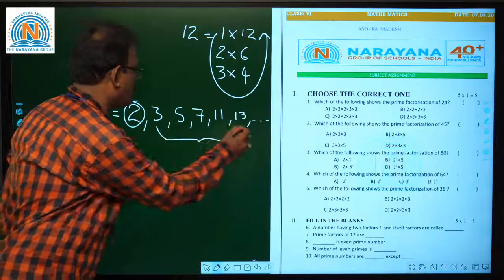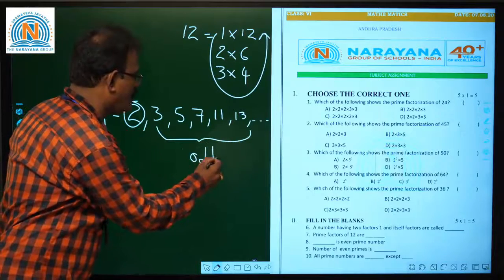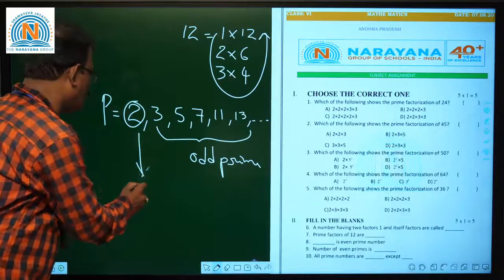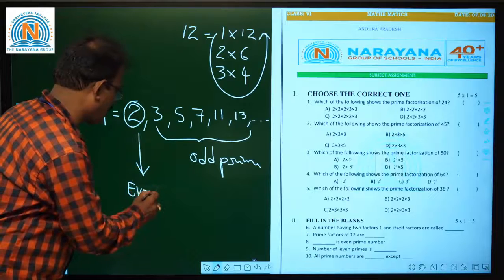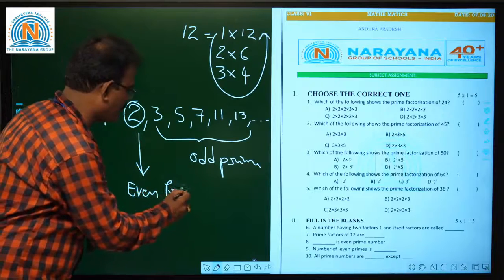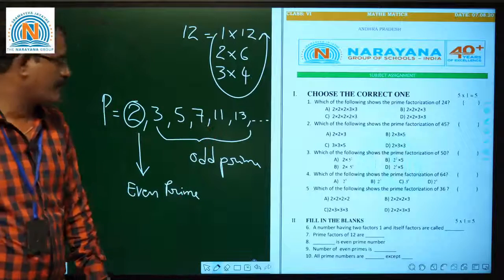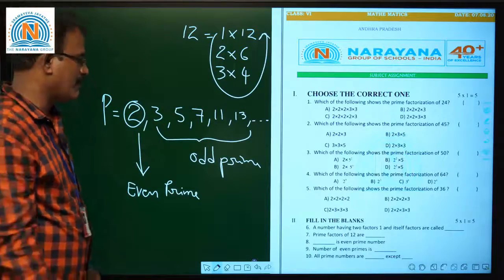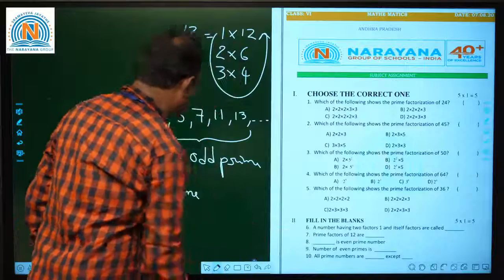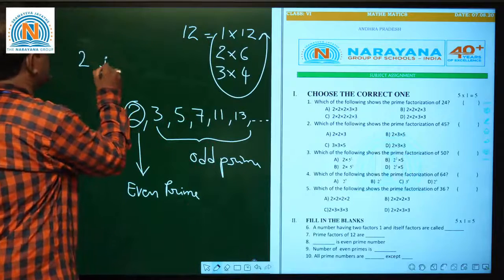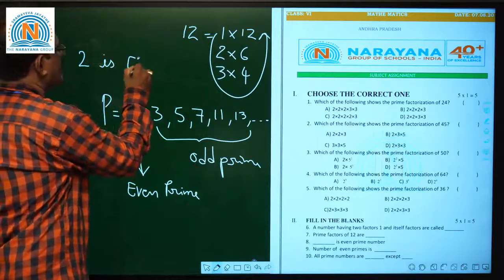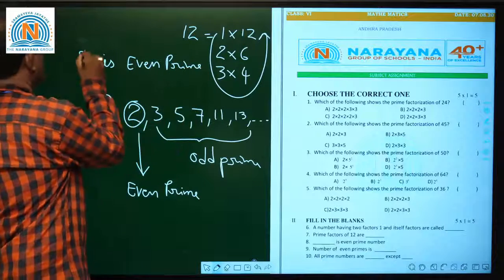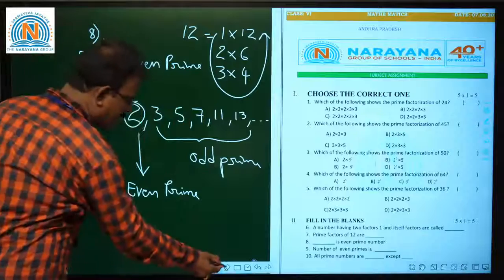These are all odd primes. It is only 2 that is even prime. So which is the even prime number? 2 is the even prime number. So for question number 8, 2 is the even prime. This is the answer.